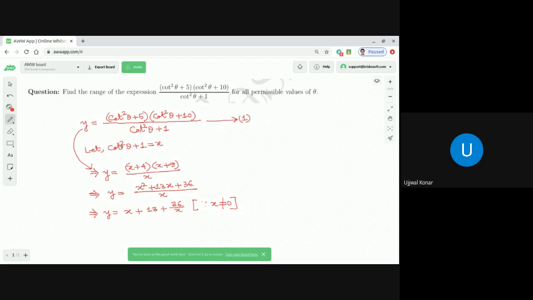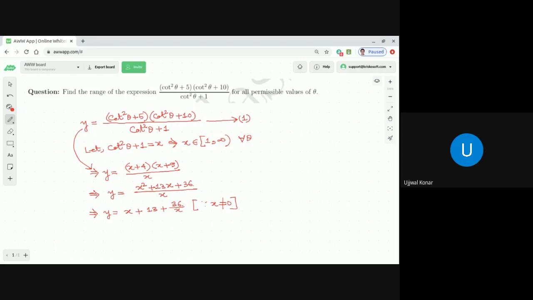Because, dear students, we wrote cot square theta plus 1 equal to x, this implies x belongs to the closed interval 1 up to infinity for all theta. Whatever value of theta you choose, 1 plus cot square theta is greater than or equal to 1.